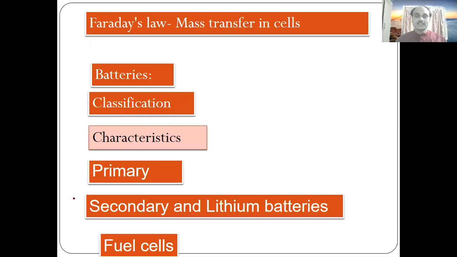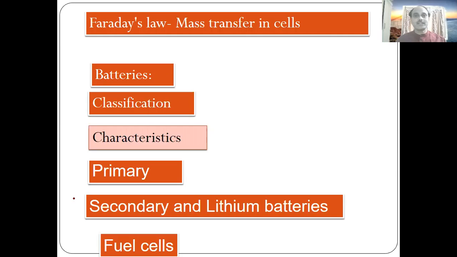Faraday's laws mainly focus on how, when the electrodes are dipped in an electrolyte and the reaction takes place, cations are discharged at the cathode and anions at the anode, and what amount of substance is deposited at the respective electrodes.